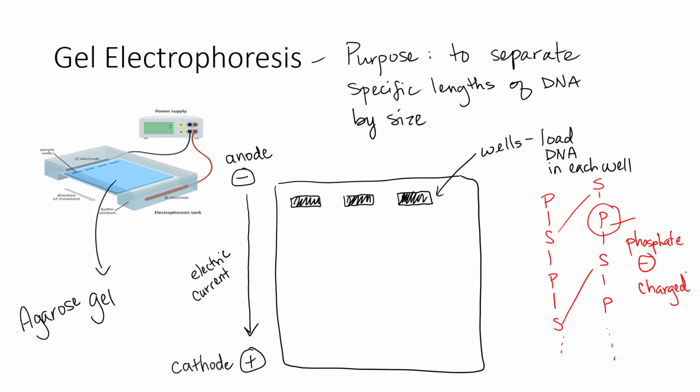So what happens is the DNA starts to migrate through, and if you have DNA of different lengths, then they're going to show up as these bands that start migrating through the gel, like so. Okay, and so we call these bands.